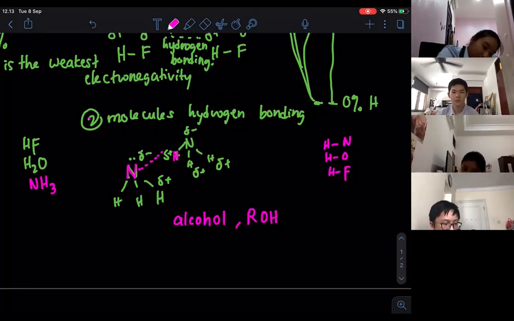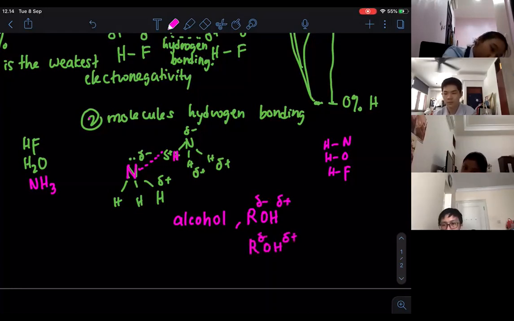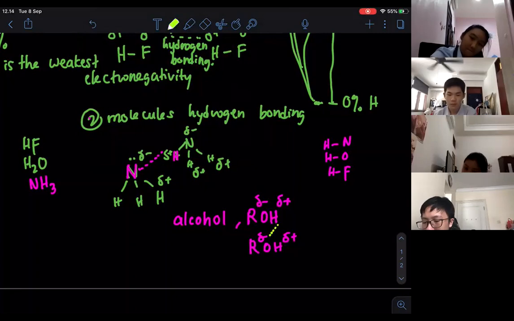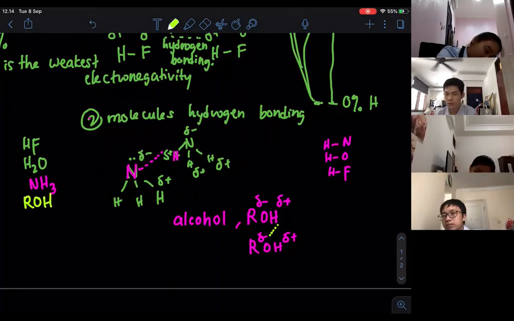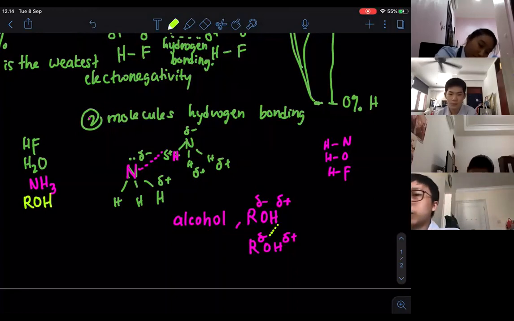ROH. So if you have ROH, I know that this is delta negative, this is delta positive. If I have another ROH, delta positive, delta negative, what happens is this delta negative and, let me change the pen, O and H, delta negative and delta positive, they will have hydrogen bonding over there, because it's the bonding between H and O. So alcohol is another type of molecule that will have a very special type of permanent dipole-dipole, which is hydrogen bonding.